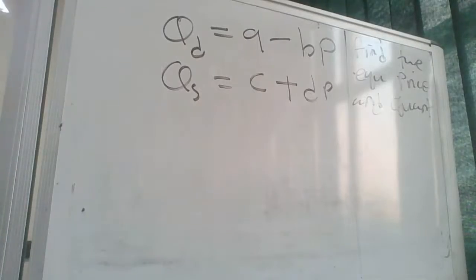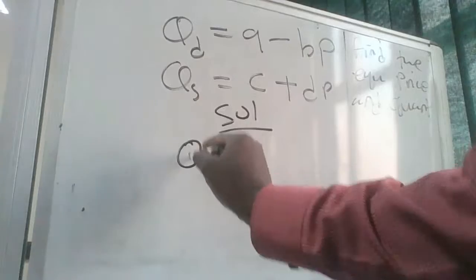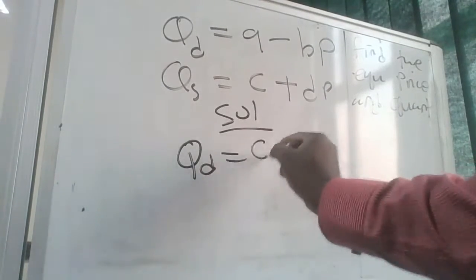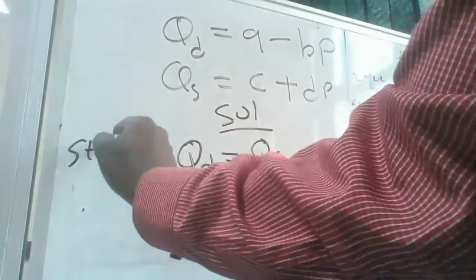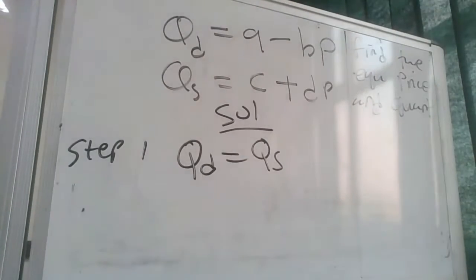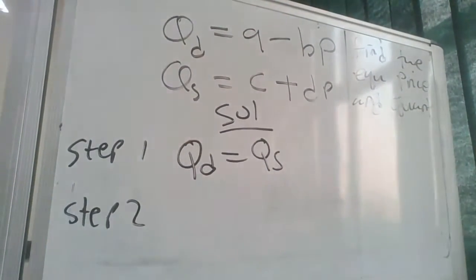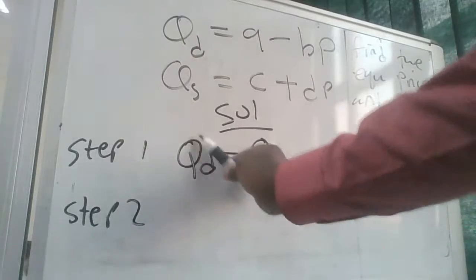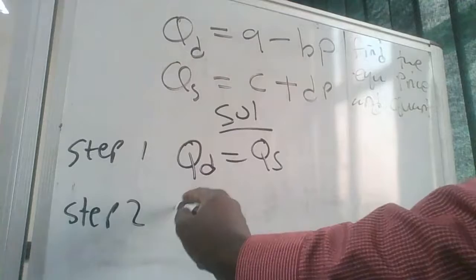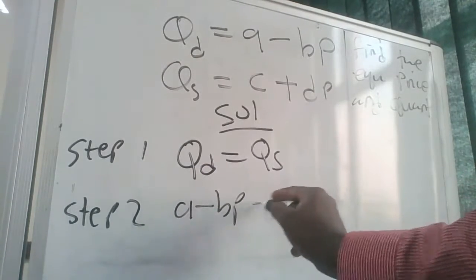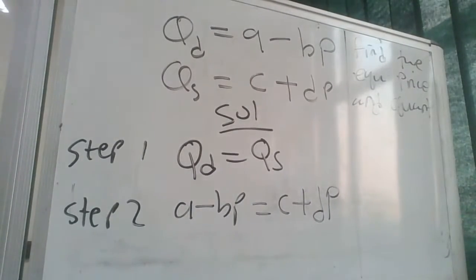In this case, let's solve. So solution, step number one is that we need to equate quantity demanded to quantity supplied. Let's call this step one. Step two is to substitute. You substitute QD with this part of the equation, and then QS with that. So we have A minus BP is equal to C plus DP. Okay, so I'll leave it here.